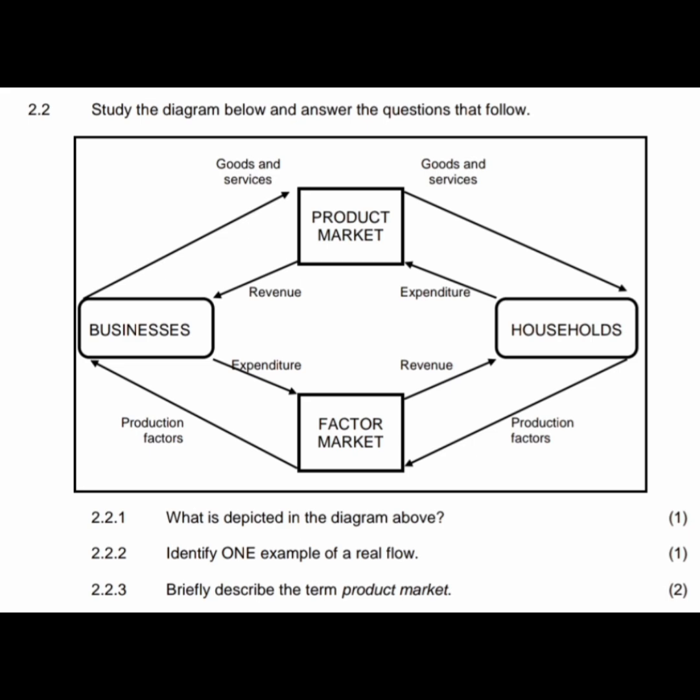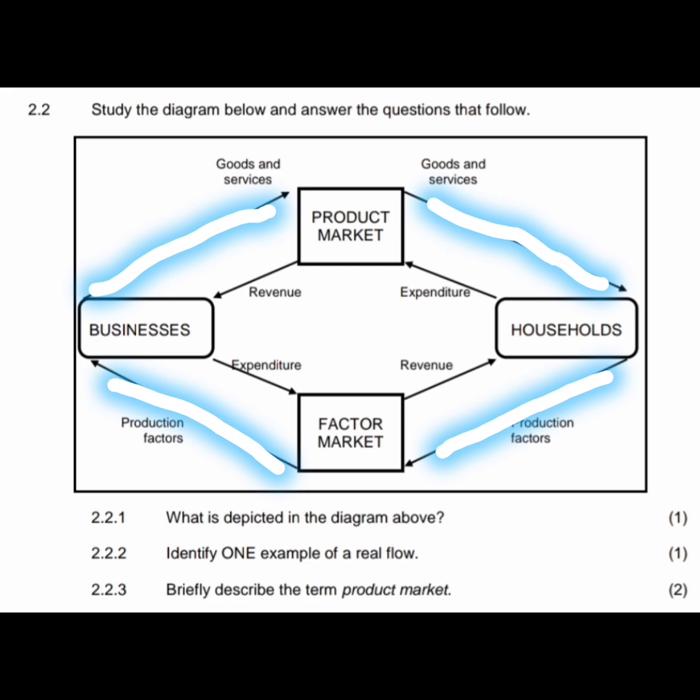So our diagram has product market, businesses, factor market, and households. And then we have goods and services, then goods and services. Then down here we have production factors, and here we have production factors. So we know that the arrows which are going to the right are the arrows for real flow.